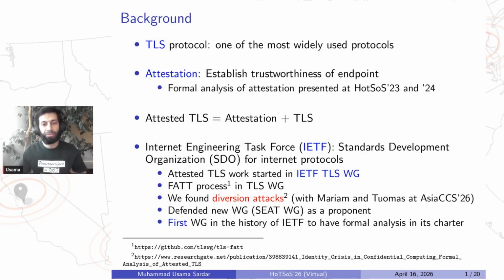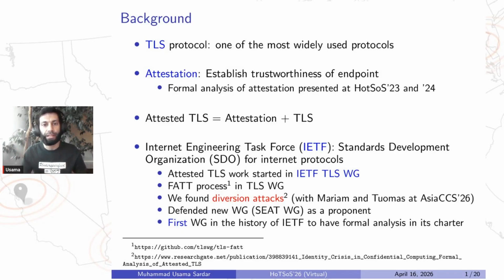And some developments have happened since then, namely in the IETF, the Internet Engineering Task Force, which is a standards development organization for Internet protocols, which I assume to be well known in this audience. The Attested TLS work started in the IETF TLS working group, which is the most natural working group, because we are adding an extension from the TLS perspective, the attestation extension to the TLS protocol.